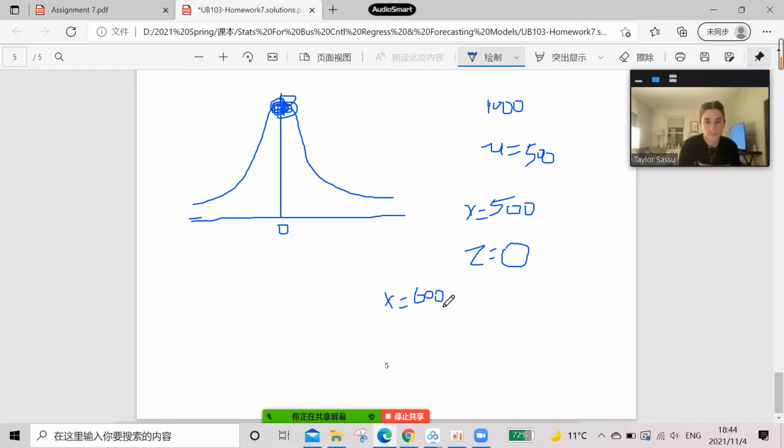You use x minus mu, that would lead to 100, and divide it by standard deviation. And you know the standard deviation for a binomial is the square root of npq. Basically, it's 1,000 times a half times a half, and then square root that. So you know how to calculate this. So you get a z-score.